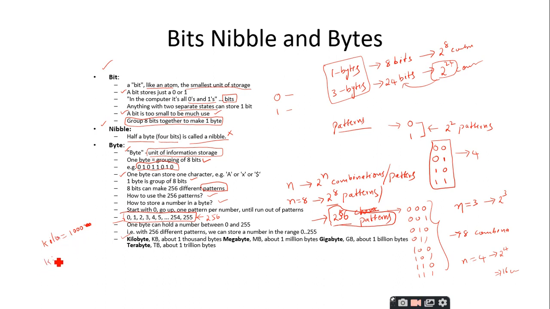It represents 1024. Kilo is not 1000. Kilo is 1024 in CS. Why, sir? Why is it given as 1024? Kilo is nothing but 2 power 10, and 2 power 10 is nothing but 1024.